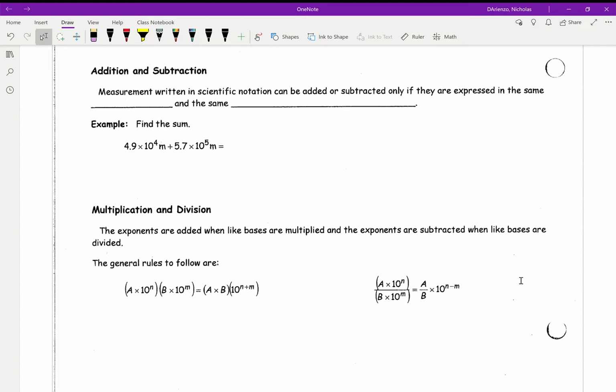So when we're adding and subtracting numbers in scientific notation, they have to be expressed in the same unit, because we can't combine numbers unless they're in the same unit, and they have to have the same power of 10.